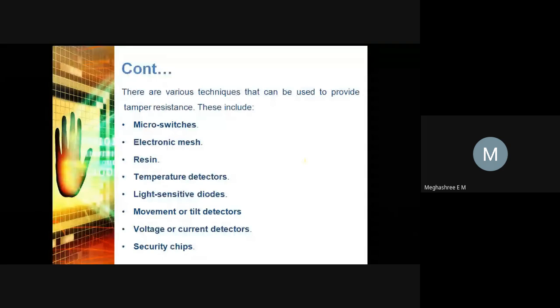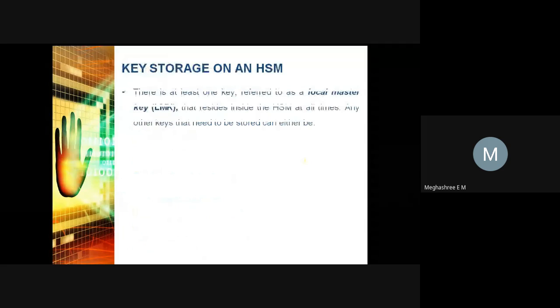Next, there is an example given here: key storage on an HSM. When we store keys in an HSM, one particular key is called the local master key, or LMK, which resides inside the HSM at all times.